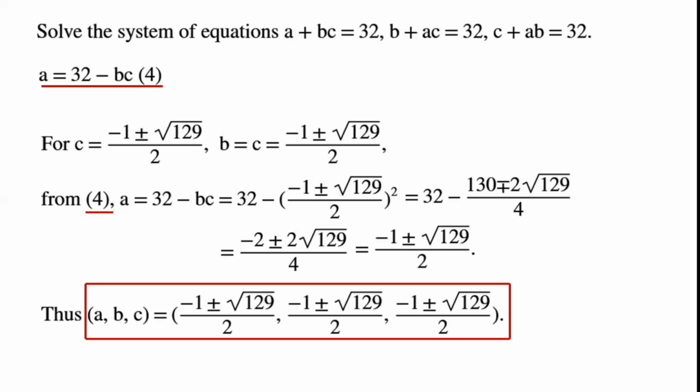Thus, A equals B equals C equals (minus 1 plus or minus root of 129) over 2.